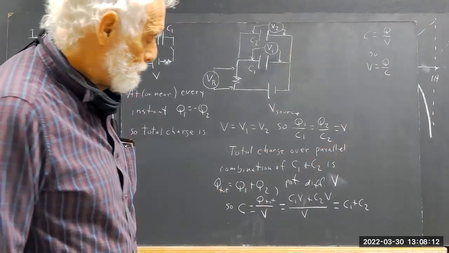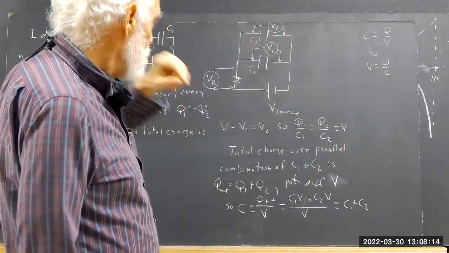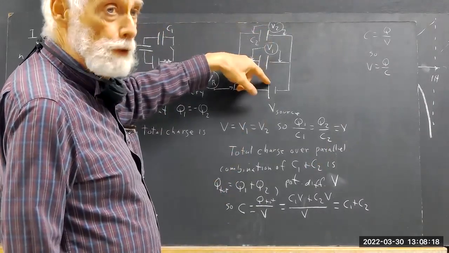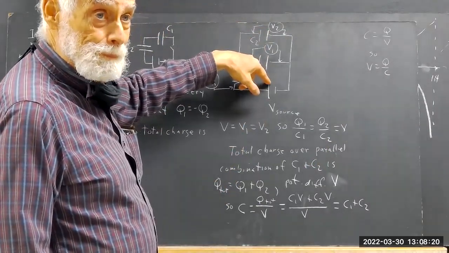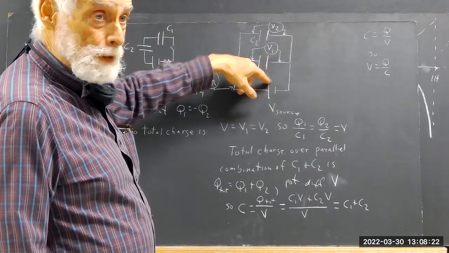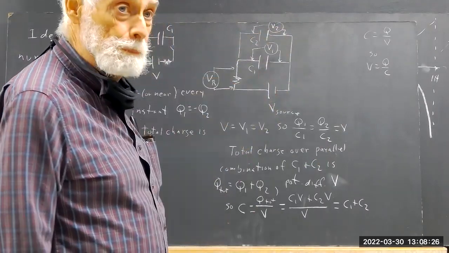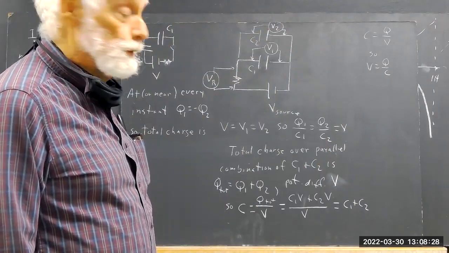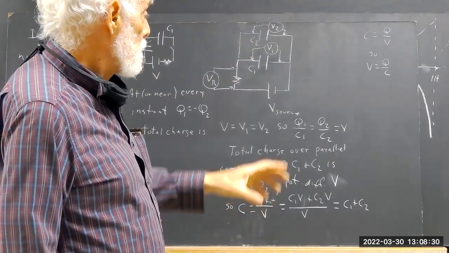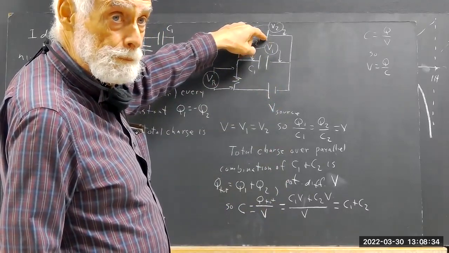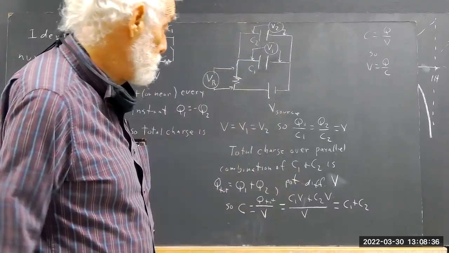And it's because the voltage across each is the same. So whatever charge you're pulling off of this one and whatever charge you're pulling off of this one is the same total charge you'd be pulling if these two were combined. That's what it comes down to.